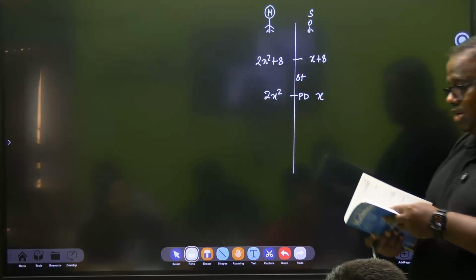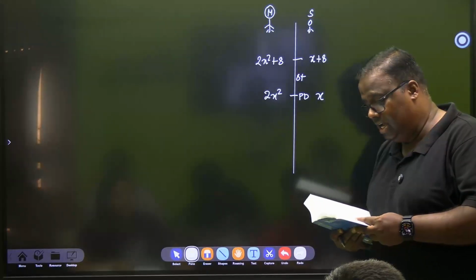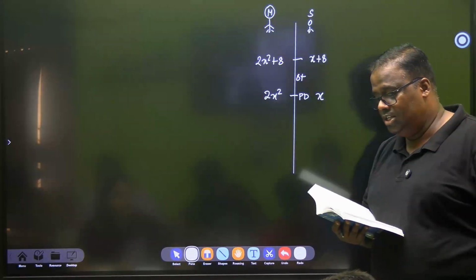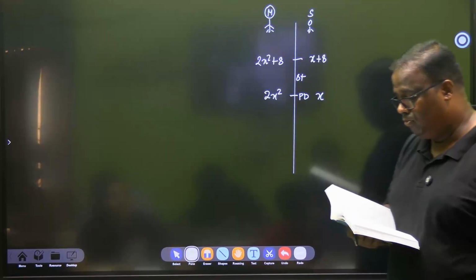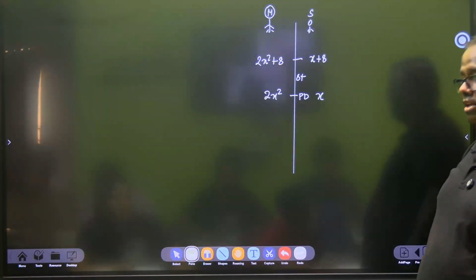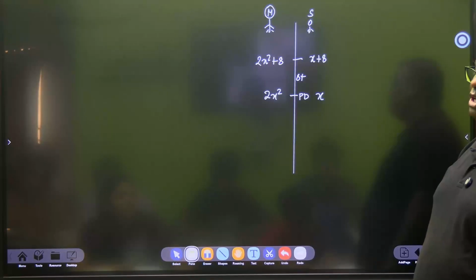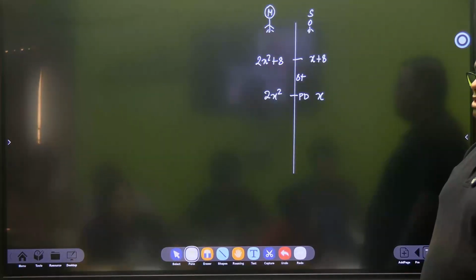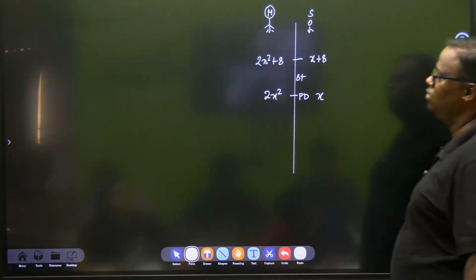But the book also has some conditions. 8 years later, the age of the man will be 4 years more than 3 times the age of his son.